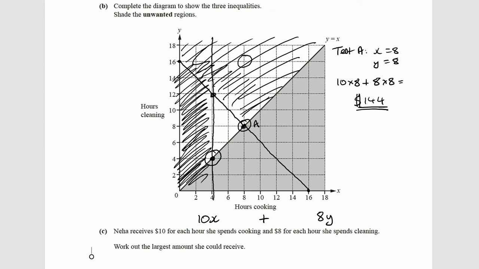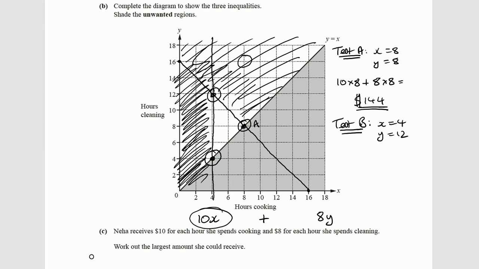But maybe we think, well, okay, she's not doing as much cooking, but she's doing a lot more cleaning, so perhaps this one would be okay. You can test B if you want to, just to make sure. In general, whichever corner of this thing matches the thing I'm getting paid most for in this example would be the one we'd go for, but if you want to check, it only takes you a moment. So for B, I've got x equals 4, but y is now equal to 12.